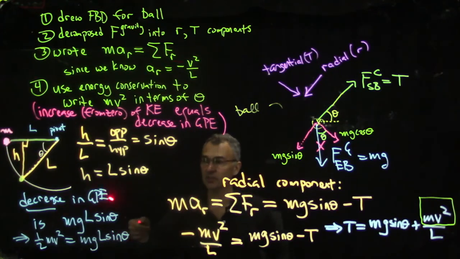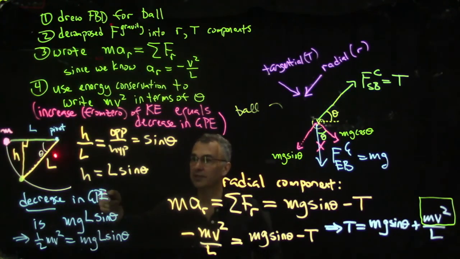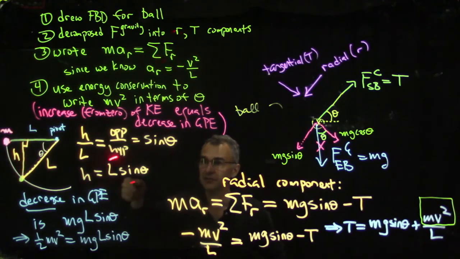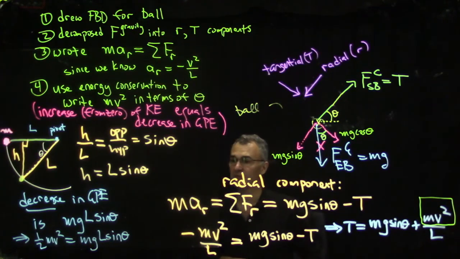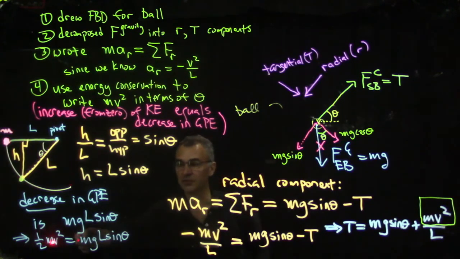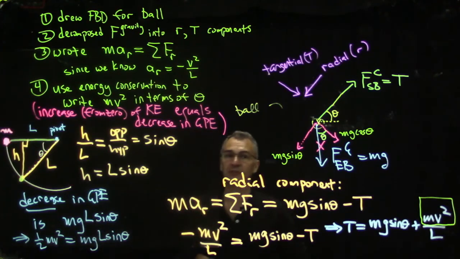And the amount of gravitational potential energy that we lost was mg times this change in altitude. And this change of altitude is L sine theta. So the amount of gravitational potential energy that the ball Earth system lost was mgL sine theta. So that must equal the amount of kinetic energy that the ball gained. So the ball's kinetic energy must be mgL sine theta. So now mv squared must equal 2 mgL sine theta.